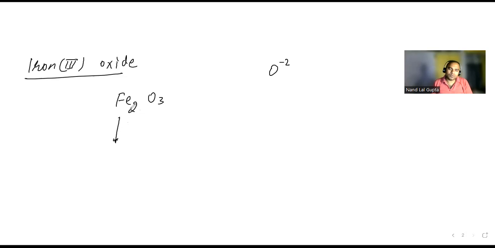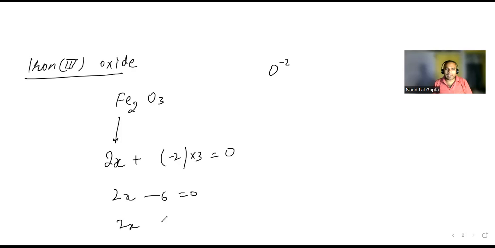And iron, 2 are there, so I consider 2x, because 2 iron atoms are there and I don't know the charge. So 2x plus 3 times -2 equals 0. So 2x minus 6 is equal to 0. So 2x is equal to 6, so x is equal to 6 by 2, which is +3.